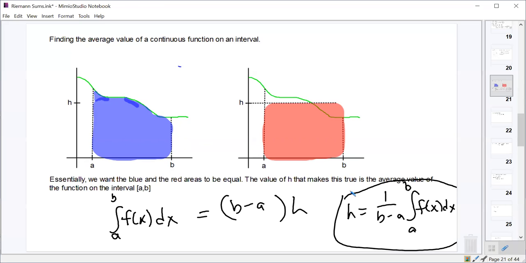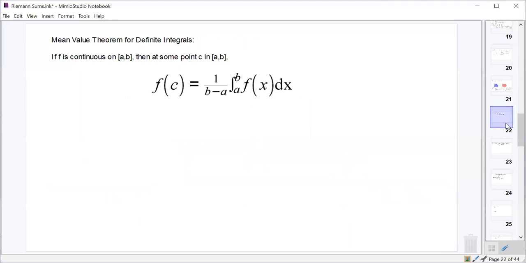Only 1 or 2 people actually used this formula and got the actual average value of the function. I didn't grade it because we hadn't talked about it, because I shouldn't have put that problem on there. But make sure that if it asks for the average value of a function, you use the mean value theorem for integrals.